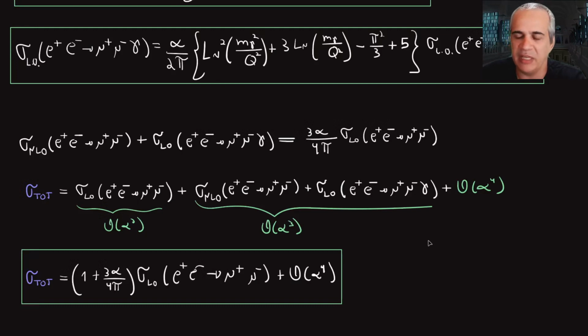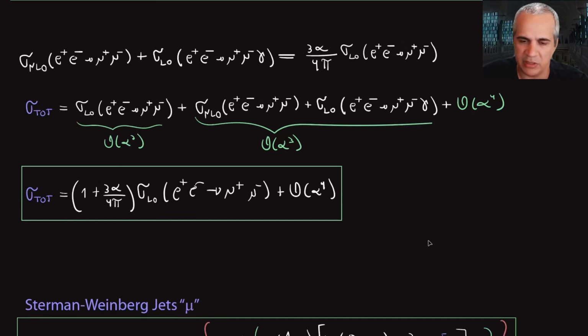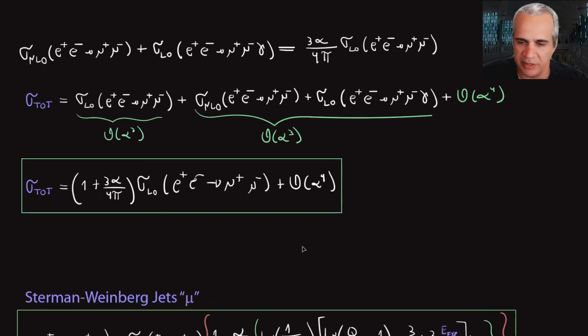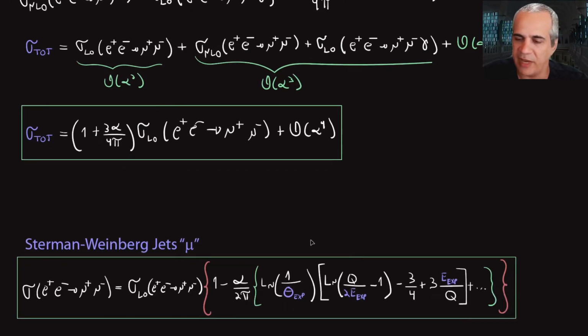Doing inclusively like that, it's hard to see that part of these final states are not really different at all, right? In order to see that, you have to do something more careful, which is due to Sterman and Weinberg, which is to define what they call the Sterman-Weinberg jet, mu, right?